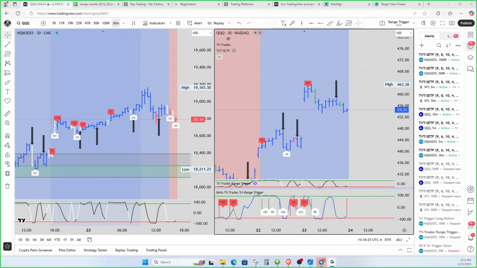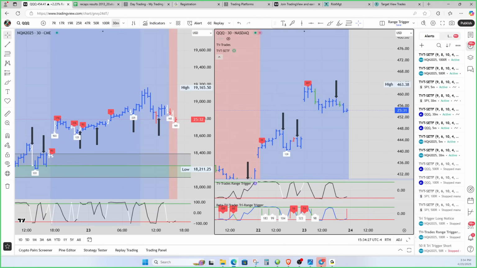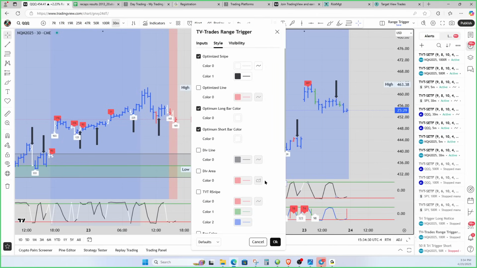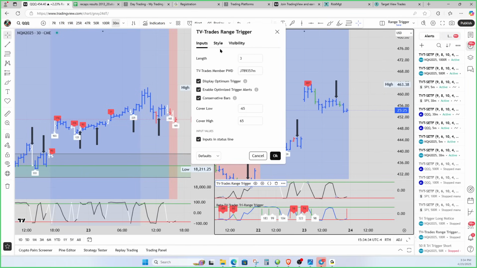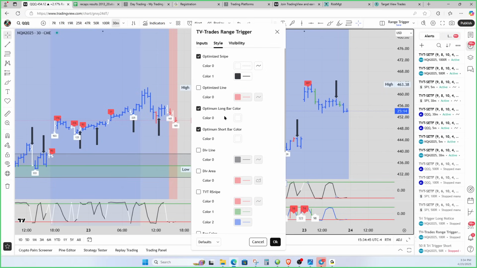What I wanted to get away from was having a million things in here that you turn on and turn off. Like in here right now, if you have the optimum trigger displayed and the optimum trigger alerts, then you have a different set of alerts that come out, and when you turn this on and off, it enables and disables things on this side.